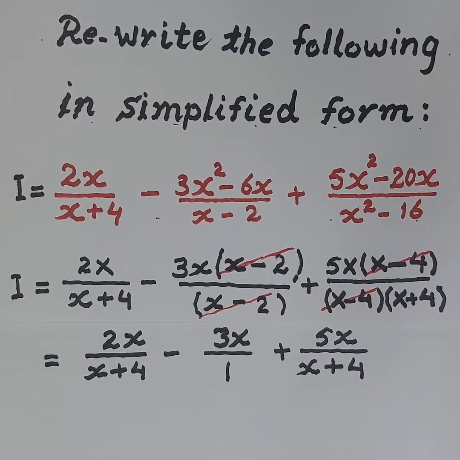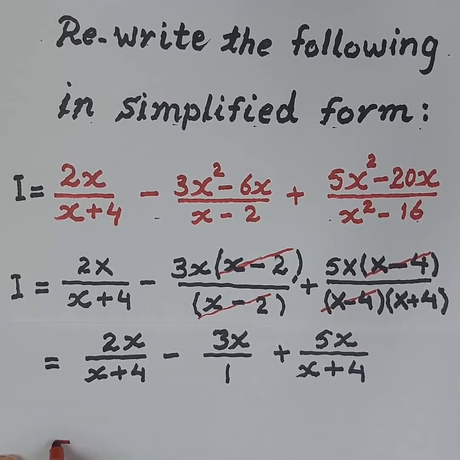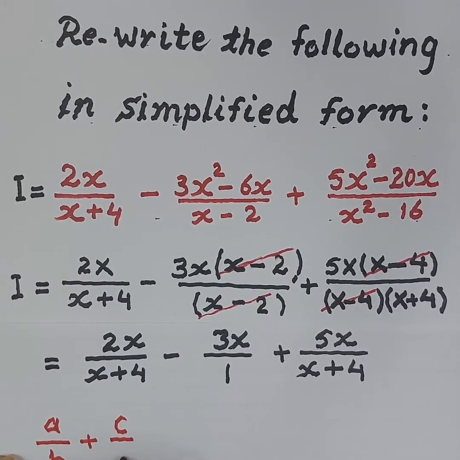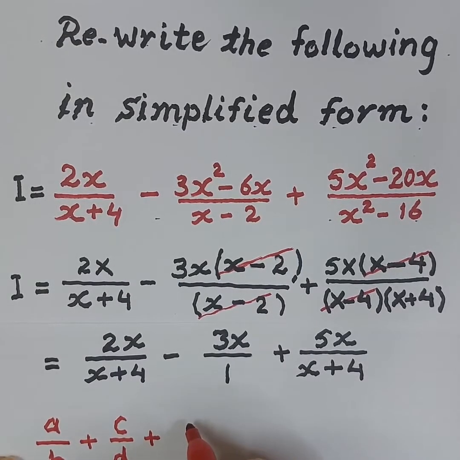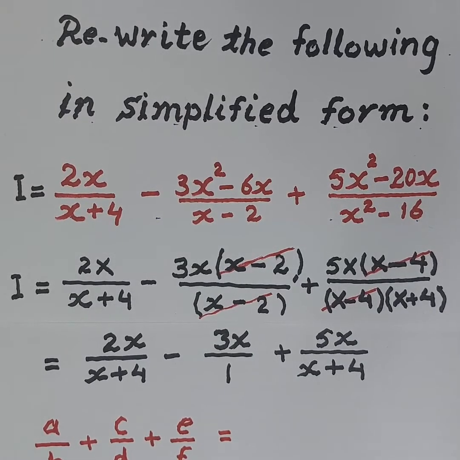We will make the addition and subtraction according to the signs here. To make addition or subtraction between any two rational expressions like a over b plus c over d, plus or minus any other e over f, there are two ways we can follow.